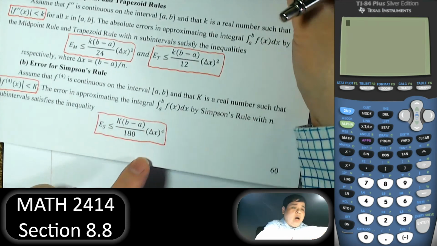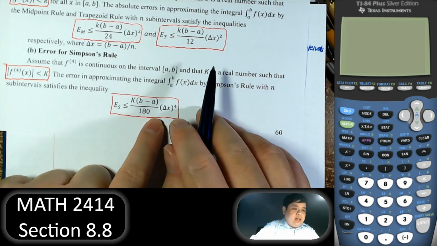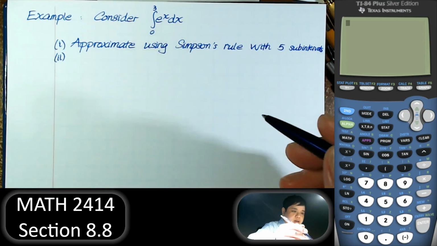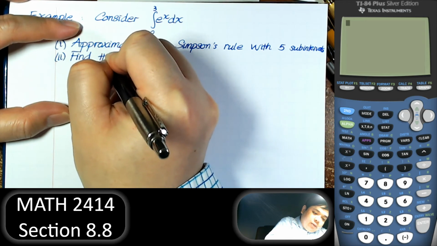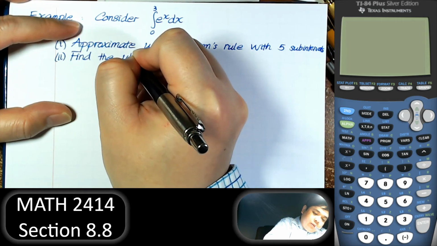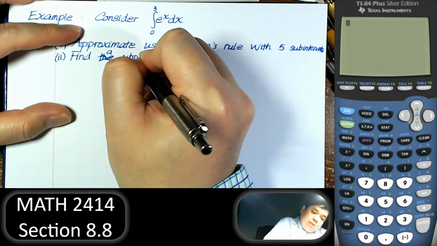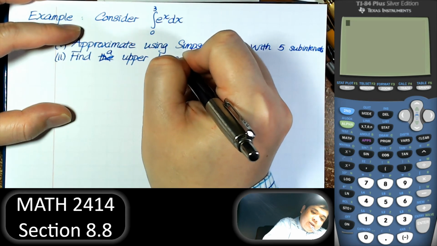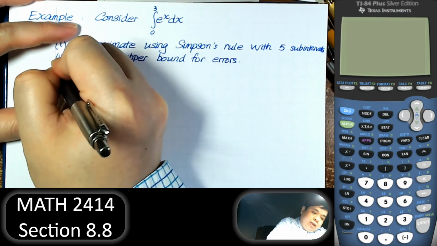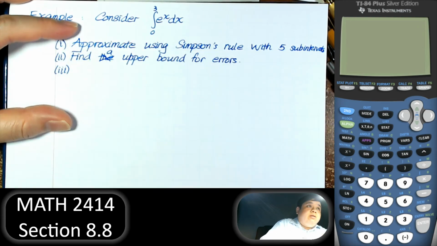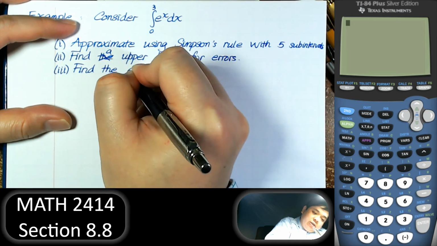So what we do is we're going to calculate this, and this is called the error for Simpson's rule. This is an upper bound for the errors, and then actually find the actual error, find the absolute error.